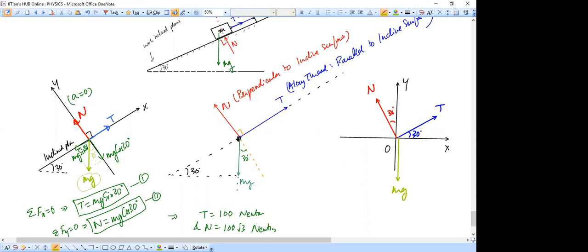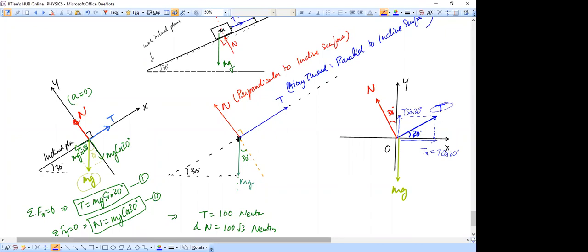But now it would be a little bit more tedious, because we would have to resolve two of the forces. So we'll have to take tension's x component as T cos 30 and tension's y component as T sin 30.